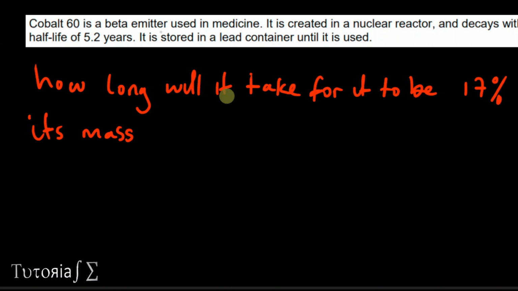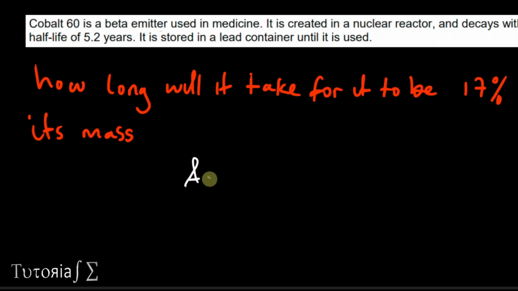This question is actually similar to the questions that we've done. So first of all, let's remind each other the formula. What is the formula for finding how much mass or how much whatever is remaining?